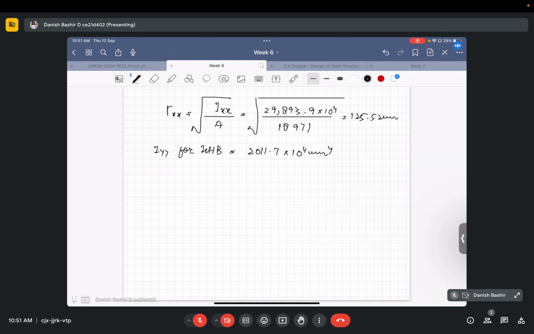For IYY for plates, these are two plates, so we have 2 times IYY. The YY axis passes through their centroid, so it will be BD cubed by 12. B will be 20 now, and D will be 300. It's reversed, divided by 12. It comes out to be 9000 mm power 4.